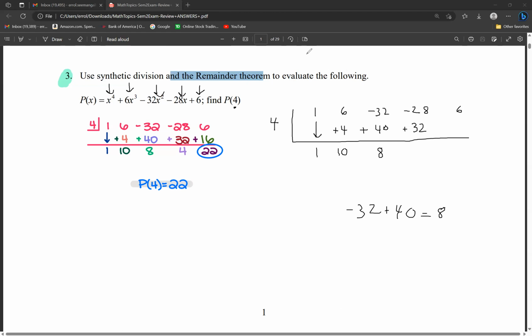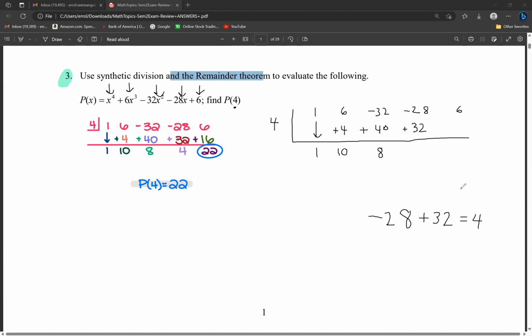Add those. Negative 28 plus 32: you lose $28, but then you gain $32. What's the net change?